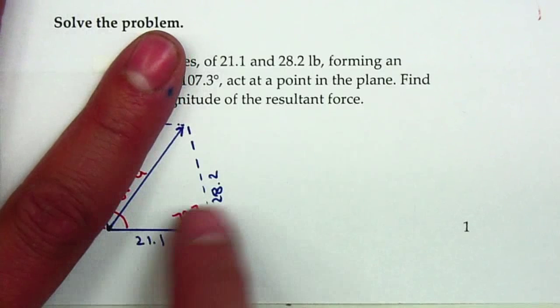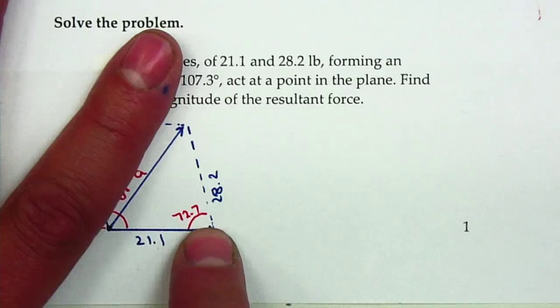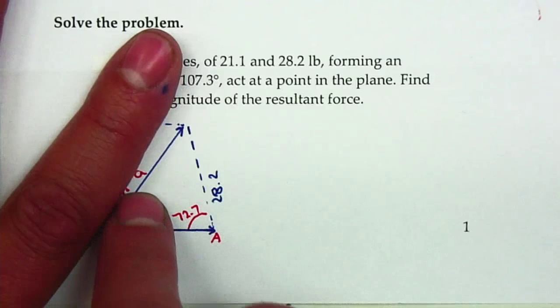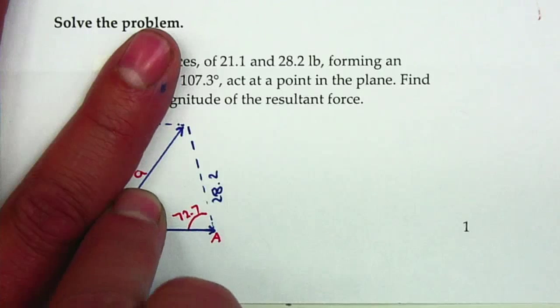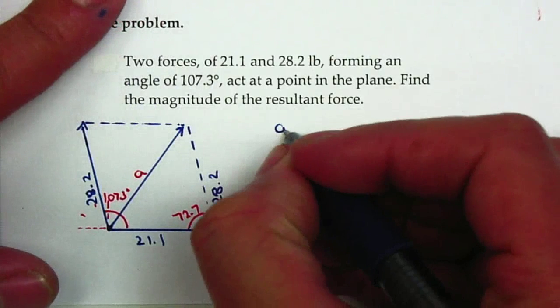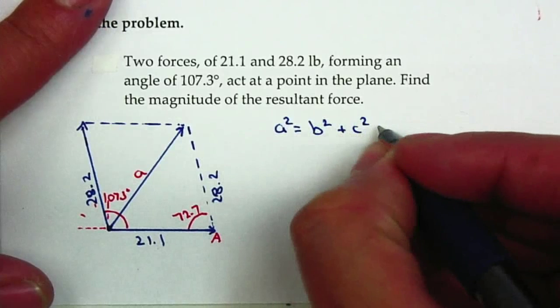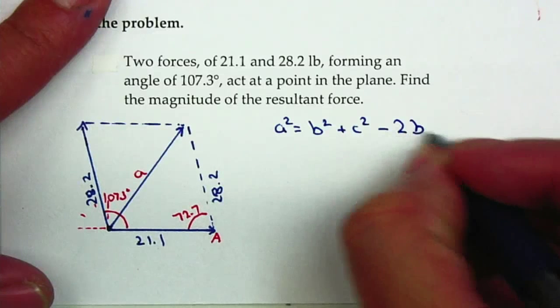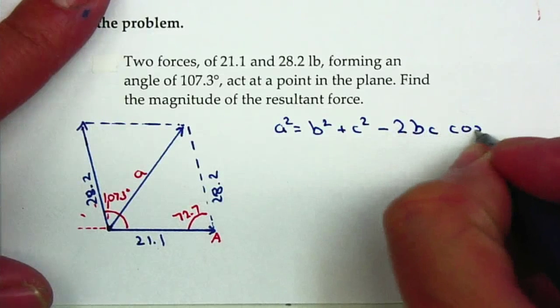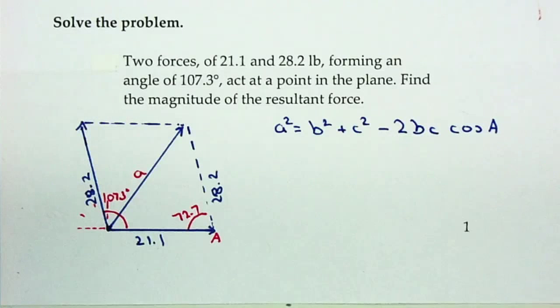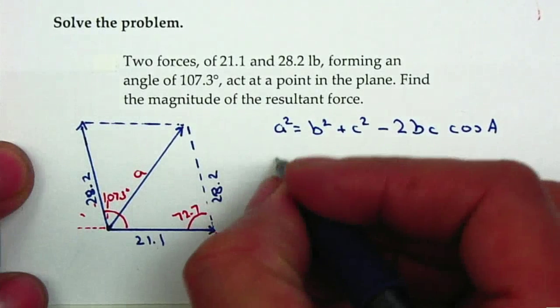Since I have two sides and the angle in between, I'll be able to use the law of cosines to find the missing length, which will be A. Law of cosines: A squared is equal to B squared plus C squared minus 2BC cosine of A. A is what I'm looking for.